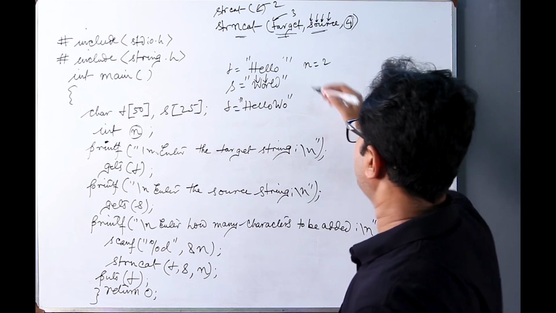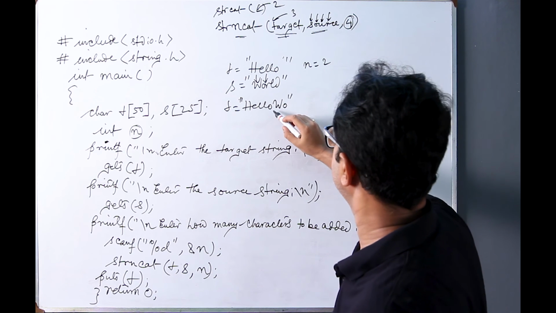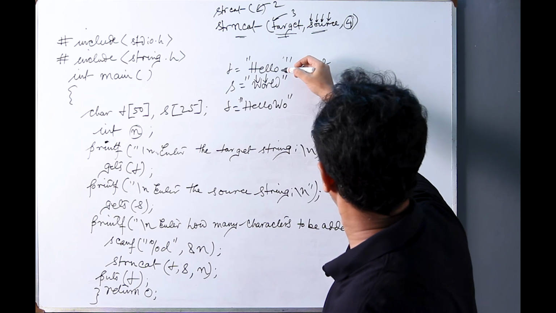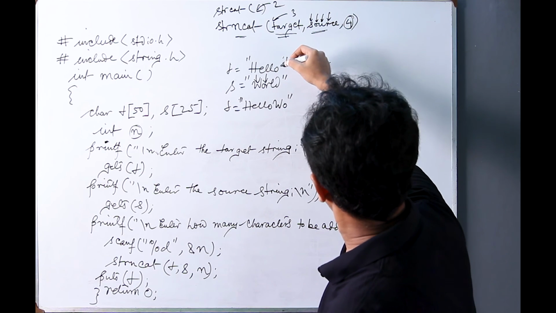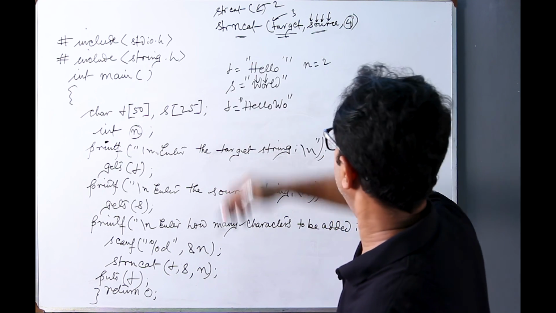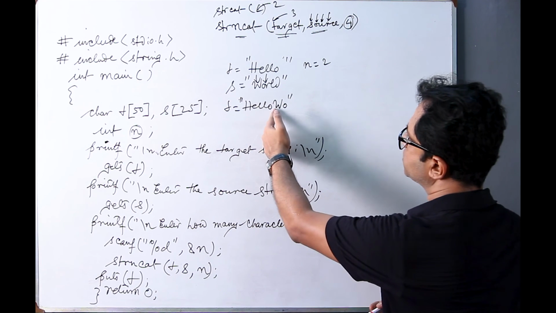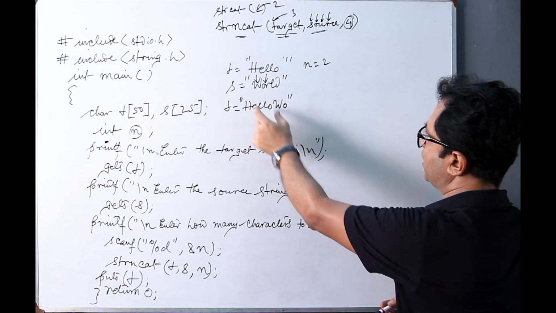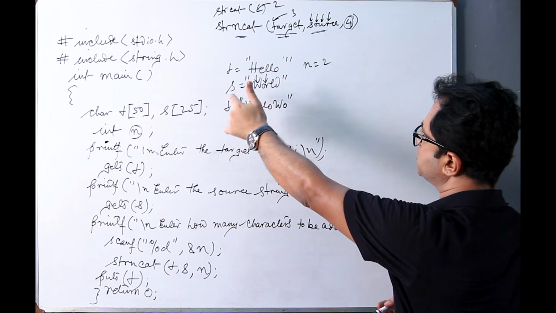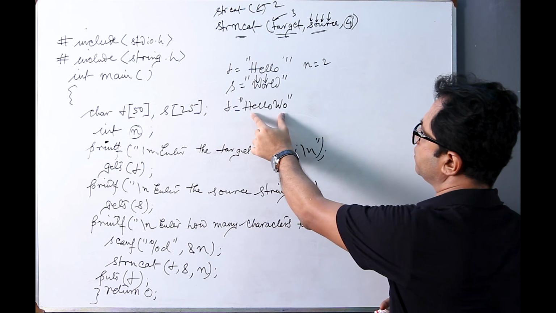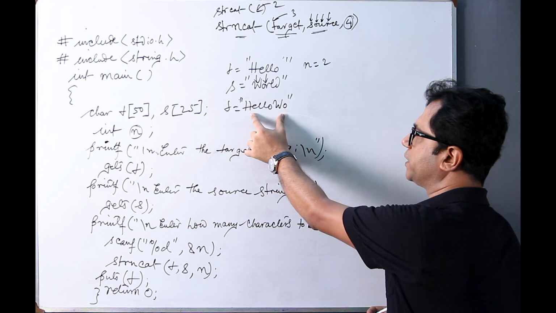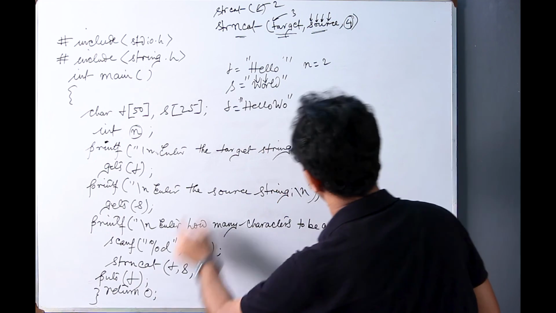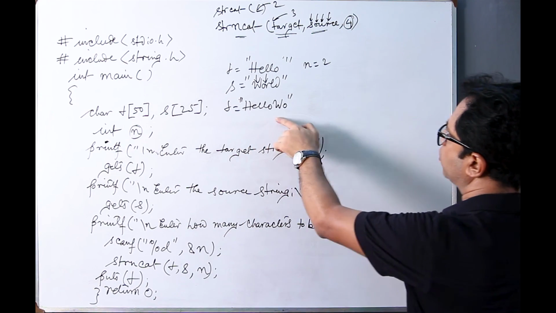If you want some space in between, you have to keep a blank space after hello, or maybe before the W, to incorporate one space between the two portions, hello and WO. So the target string will be updated to this string, and puts(t) will print this as the output of the program.